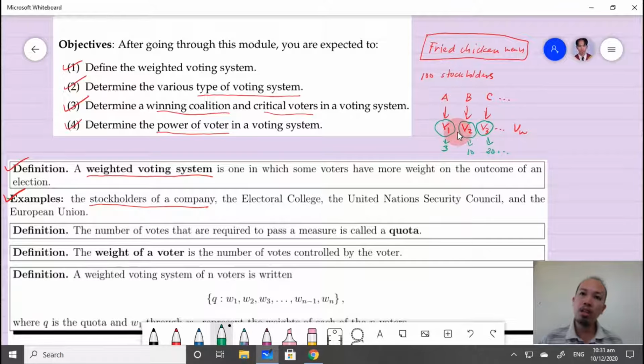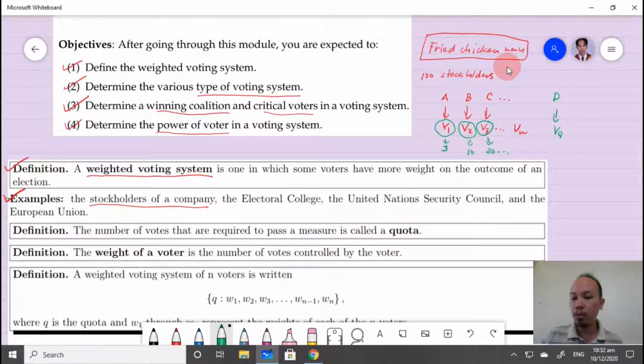Let's try to introduce this voter D, let's say this is V4. What if we have here 20, 10, 30, 33? So what is 100 minus 33?